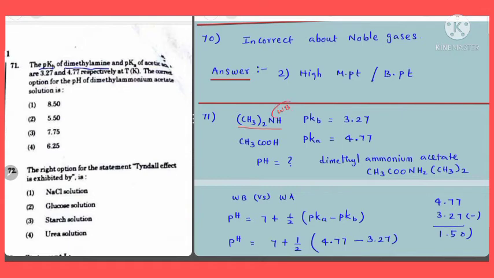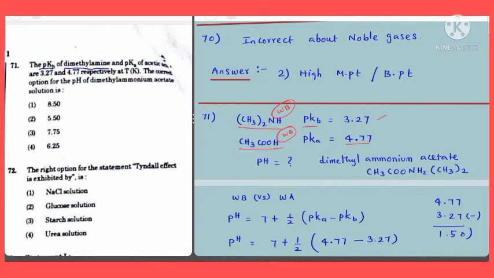Its pKb value is given as 3.27. Then another substance, the pKa of acetic acid, which is a weak acid. You are given the pKa value of the weak acid, about 4.77 respectively, at T Kelvin, at the same temperature.